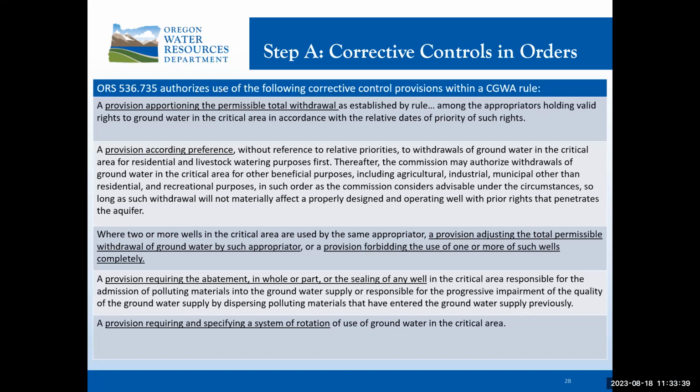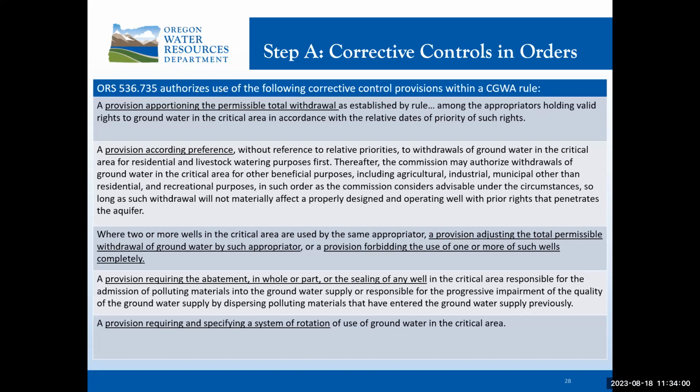The second corrective control provision that can be in a draft order is a provision according preference, without reference to relative priorities, to withdrawals of groundwater in the critical groundwater area for residential and livestock watering purposes first. And then it goes into even more detail about what other uses could be authorized.